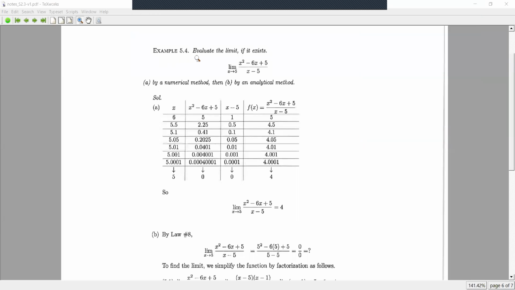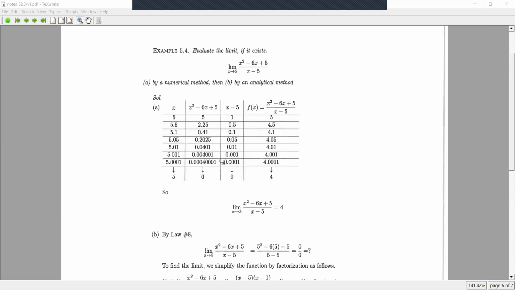Example 2. Evaluate the limit by a numerical method, then by an analytical method. By a numerical method means by a table. By an analytical method means by limit laws.